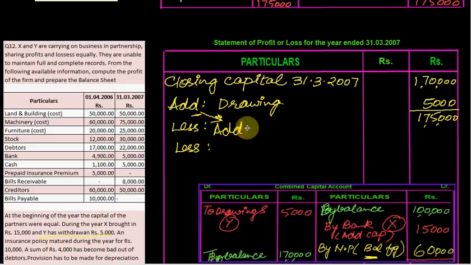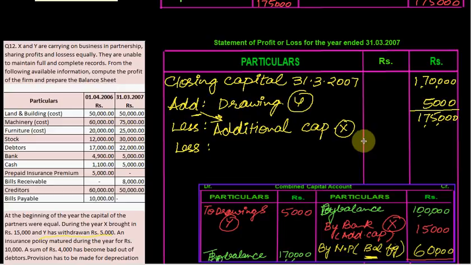ADD ऐड से बनाओ एडिशनल कैपिटल. So additional capital, in the year X brought in 15,000. तो X ने लाया है additional capital, Y ने किया है आपका drawing.